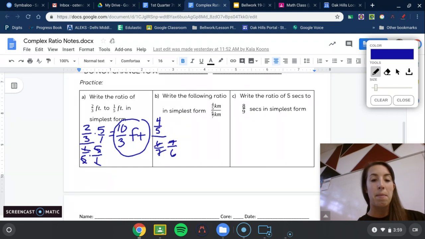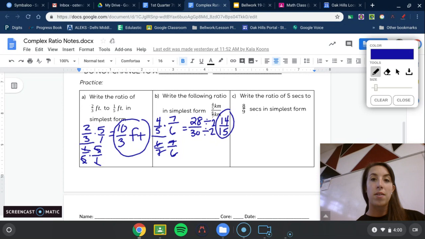That's going to cancel out my bottom one. And whatever I did to the bottom, I also have to do to the top. So I'm going to multiply that out, and I get 28/30. You can divide both of those by 2 to put it in simplest form, and that's where you get your 14/15. That's going to be your new simplified ratio.